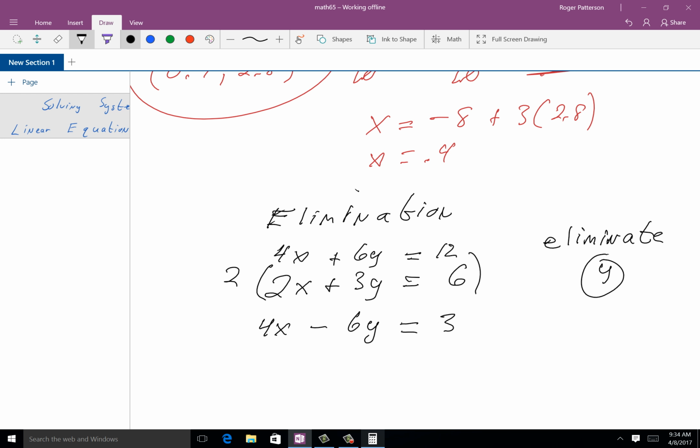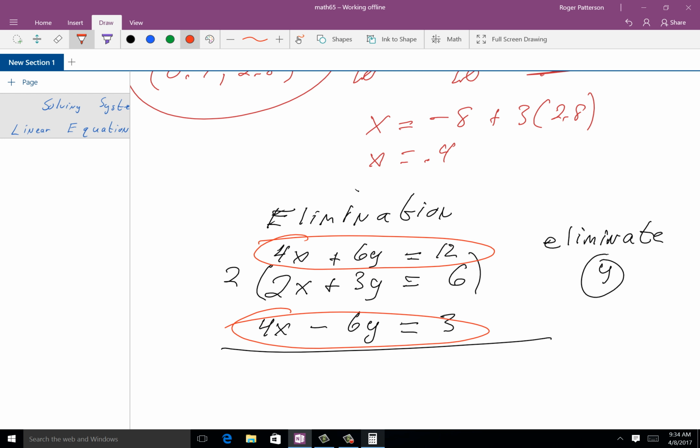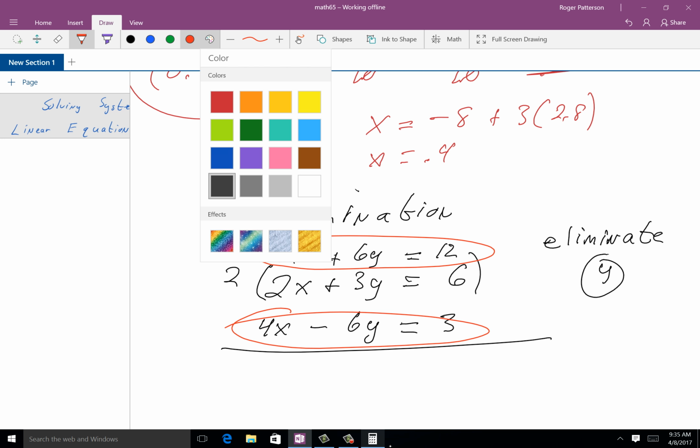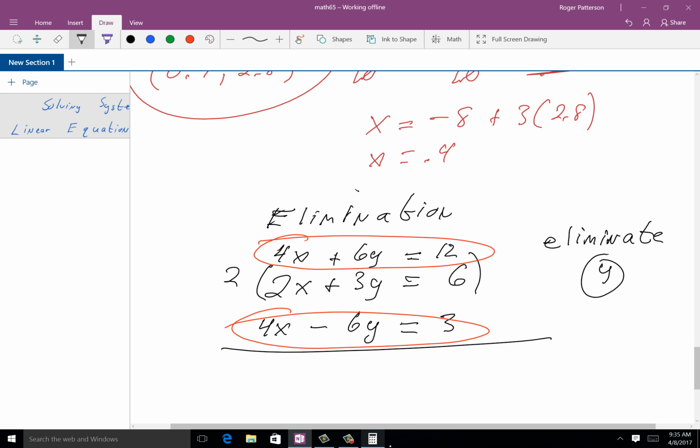All right. So now I'm going to go ahead and add these equations. And so I'm going to focus on this one here, okay, and this one here, because I just changed that other one. All right, here we go. So 4 and 4, that gives me 8. The positive 6 and the negative 6 are going to go away, and I get 15, 12 plus 3.